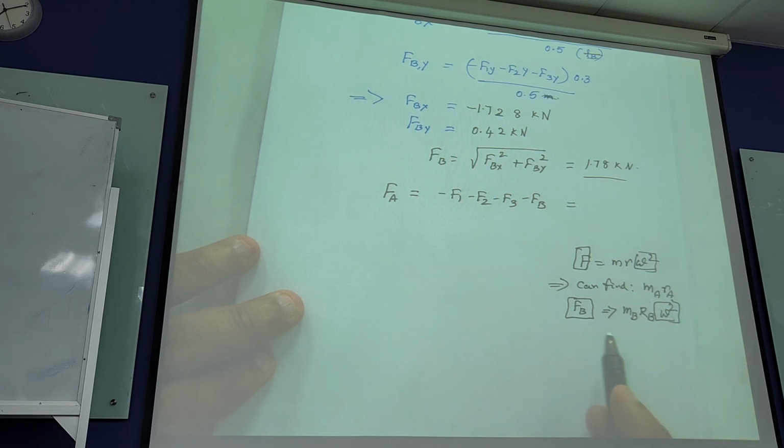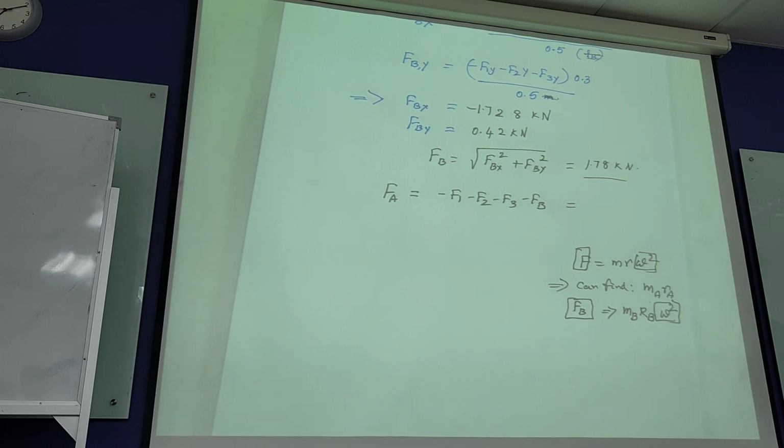So we know omega square, we know FB, so we can only find out the product M and R. Normally the people who design things can play with it. Depending on ergonomics and the dimensions required, they can increase the mass, they can decrease the radius. So this is how you apply the analytical calculations, which you can routinely do.